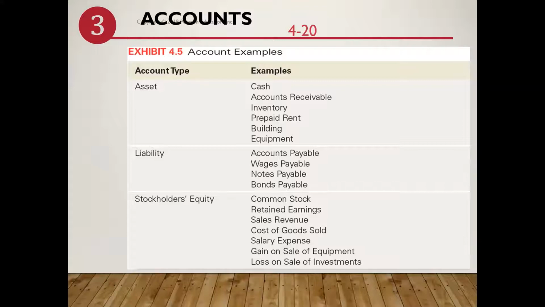Equity accounts include common stock, retained earnings, sales revenue, cost of goods sold, salary expense, gain on sale of equipment, loss on sale of investments. Those are just a few examples.